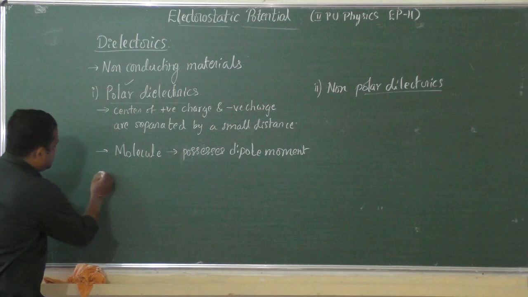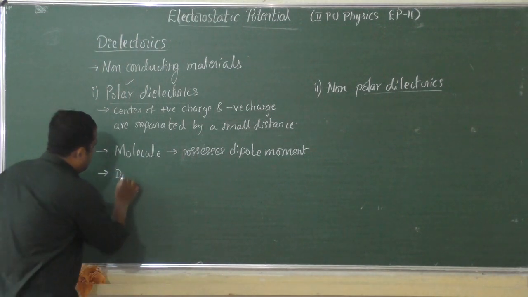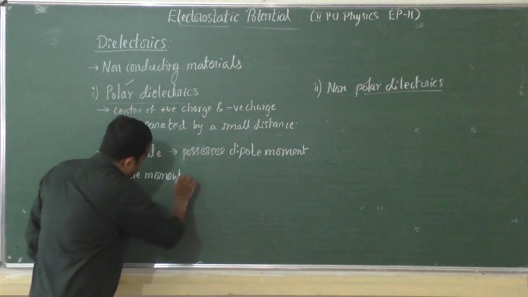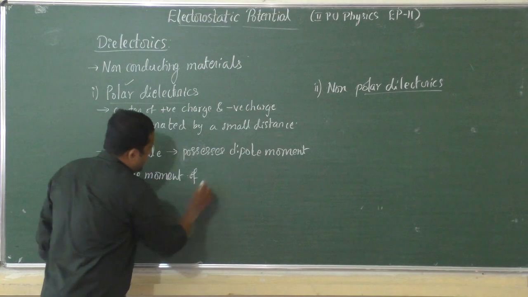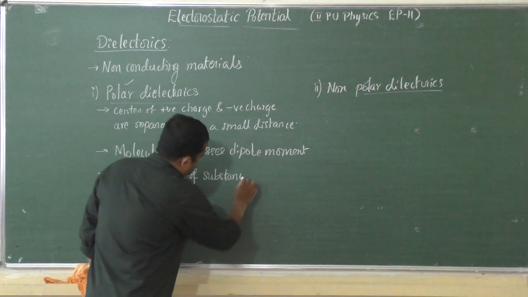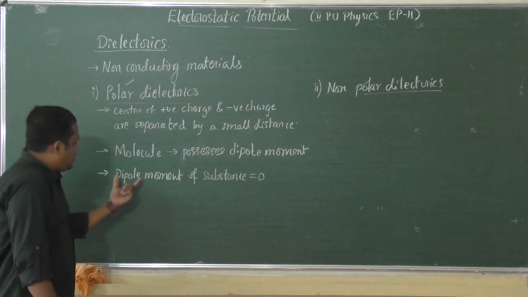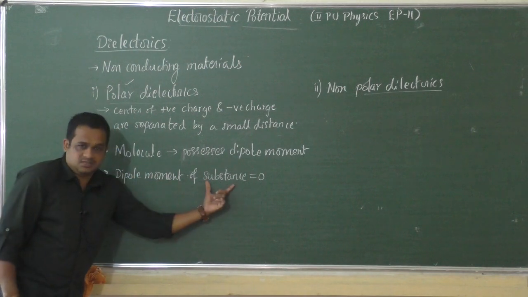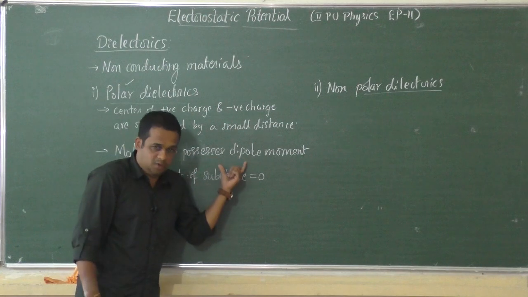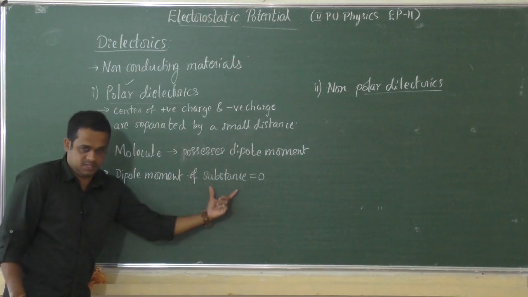But if you consider the substance, dipole moment of the polar dielectric substance is equal to 0, because dipole moment of the substance is nothing but if you add the dipole moments of individual molecules, then it gives rise to the dipole moment of the substance.